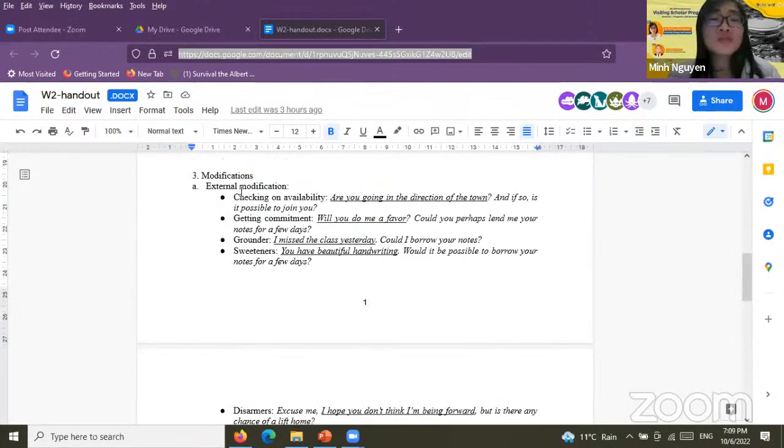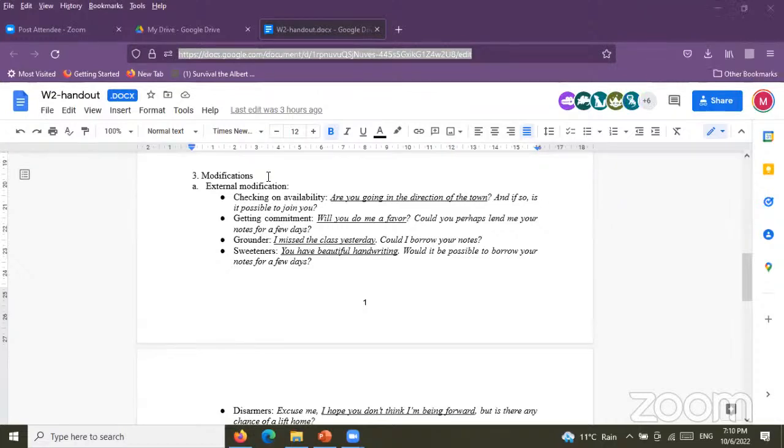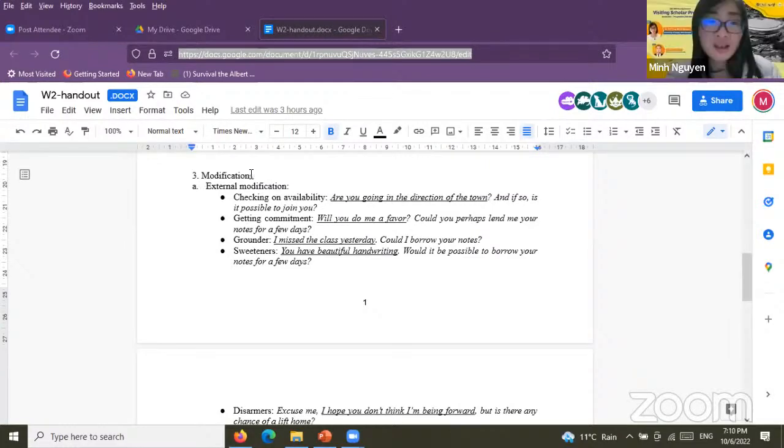And then researchers also try to identify modification as well, and again, modifications are all kinds of devices that we use in order to express politeness, okay, to soften our messages, to soften the impact of our face-threatening act, okay? So there are two kinds of modification. External modifications are discourse moves that occur outside of the request, okay, but they function as a supportive move for the request.